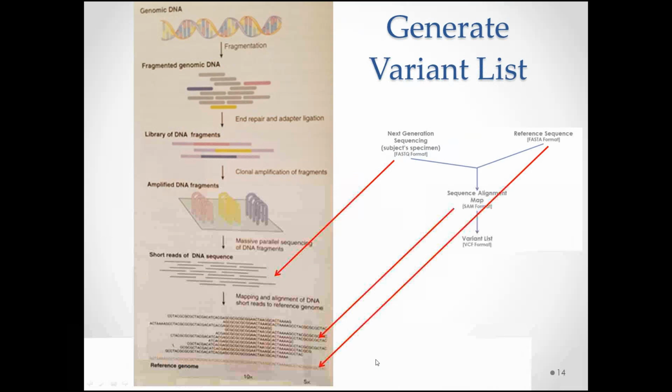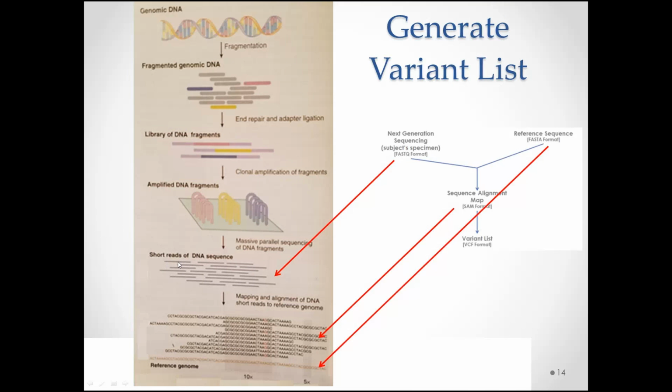And you may remember last week we introduced this notion of next generation sequencing, where you take the DNA and chop it up into a lot of little pieces. Each one of those pieces is sequenced in parallel, and you wind up with a lot of short reads of DNA sequence.